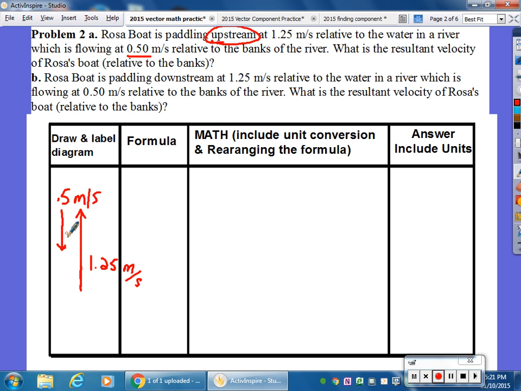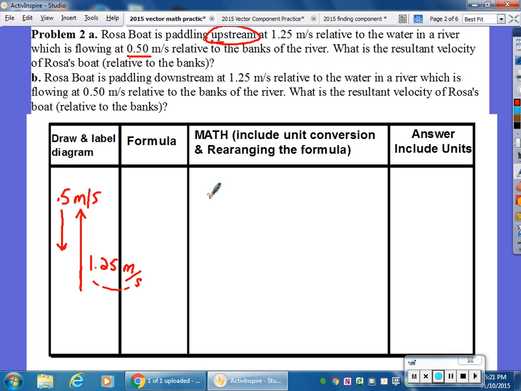So now we want to know what is her resultant velocity of her boat relative to the bank. So relative to the water she's going this, but relative to the bank, because the water is pushing against her, it is going to be this minus this.